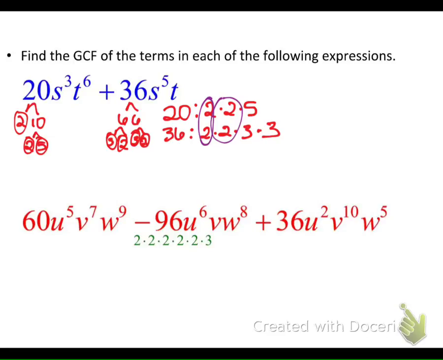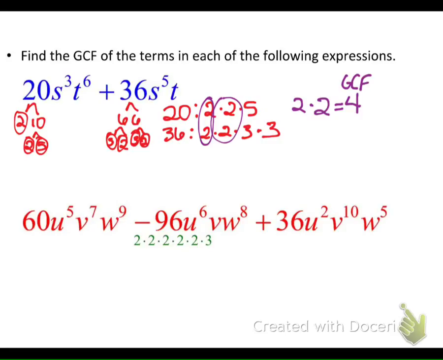So if you just want to shout out, that's totally okay too. So I have 2 and 2. I have two 2s. So what am I going to do with these two 2s that I have in common? Multiply. To get 4. So my greatest common factor is going to be 4.